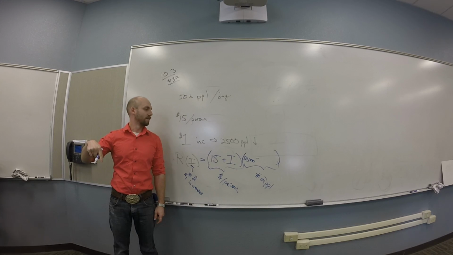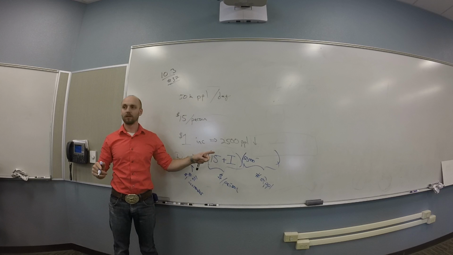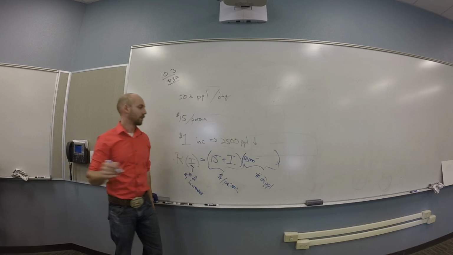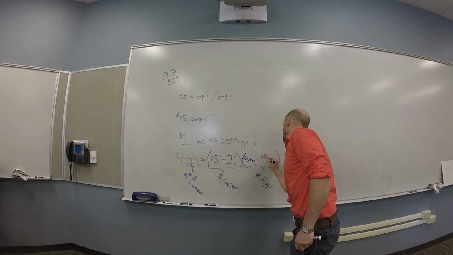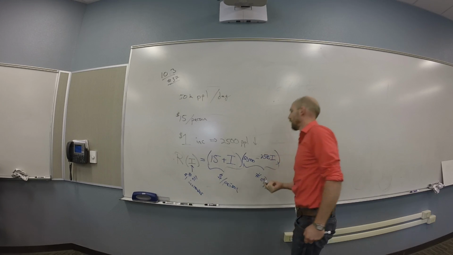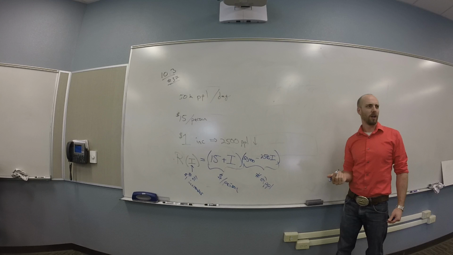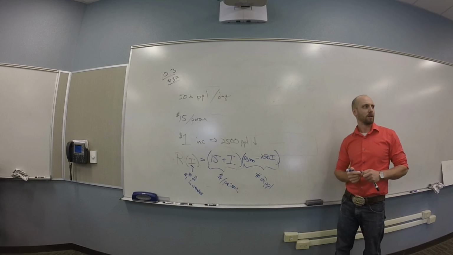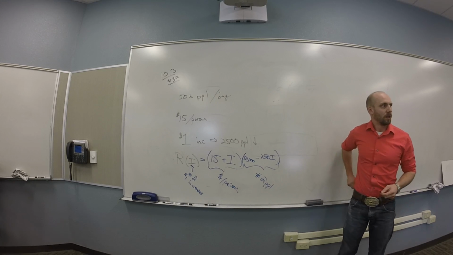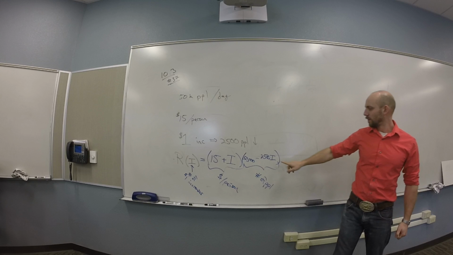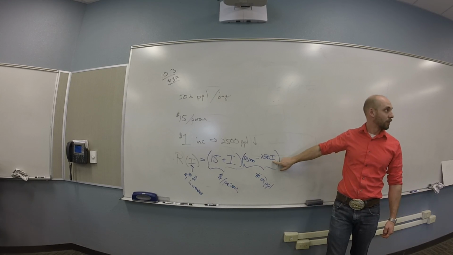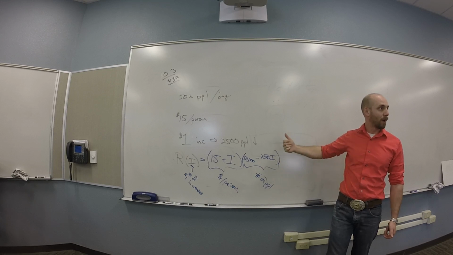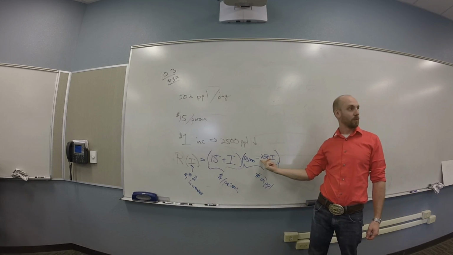So that's 2,500 times I. So I need to subtract 2,500 times I. You guys see why? Yeah, because it's a decrease. Every time I tick I up by 1, I'm going to lose 2,500 people.